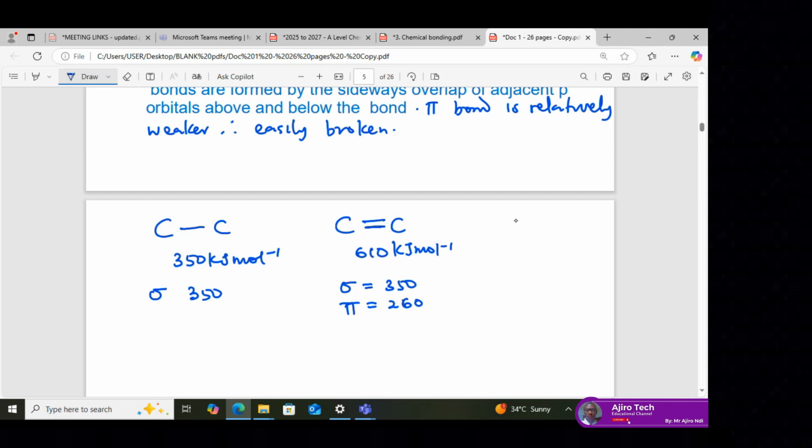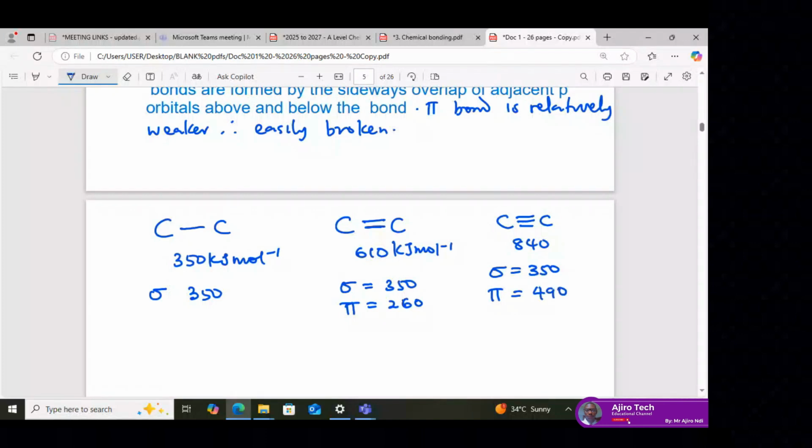Now when you come to the triple bond, they say it's 840. If sigma is 350, what's pi now? Remove 350 from 840. What do you have? 490.